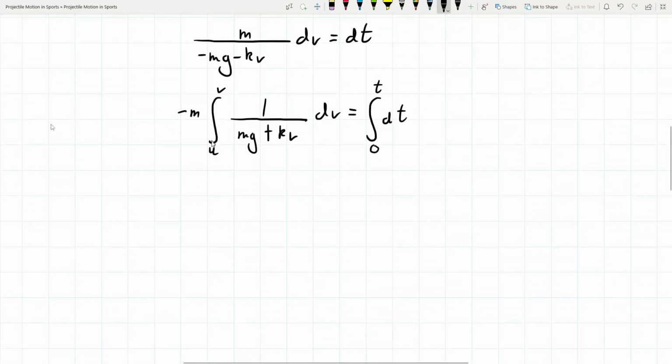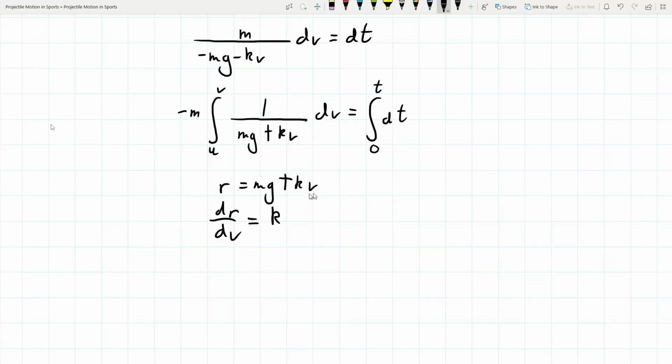Okay, so we can't integrate this too easily, so we're going to have to make a substitution like we did last time. Let's say r equals mg plus kv, which means that dr/dv equals, the mg constant's just going to go away, and it's just equal to k.